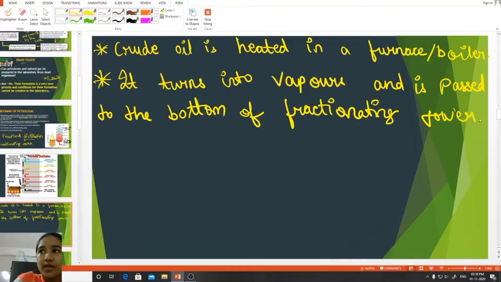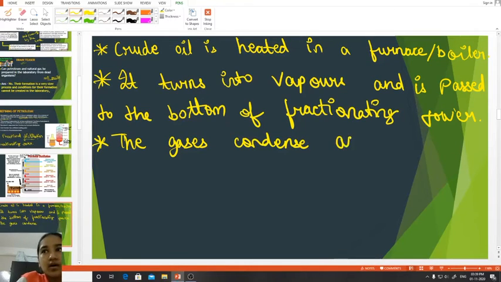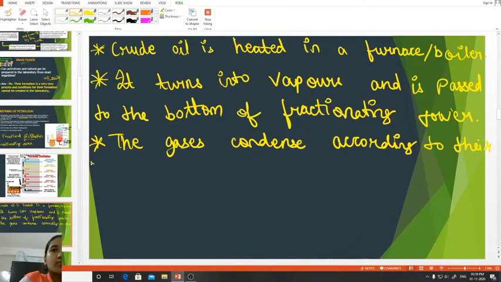Okay, the third step is that the gases condense according to their boiling points.